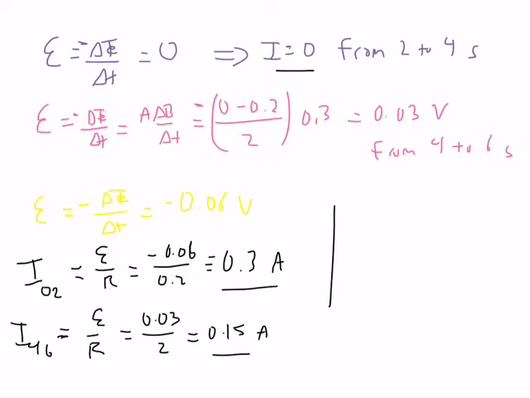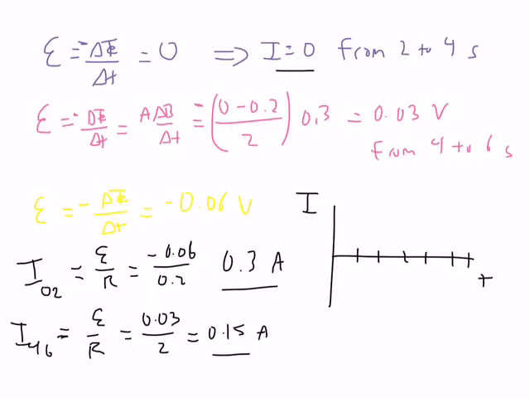We can make the graph. So the current and the time, those are 6 seconds that matter. Actually let me make this a little bit more obvious that it's a negative sign, not part of the equality.